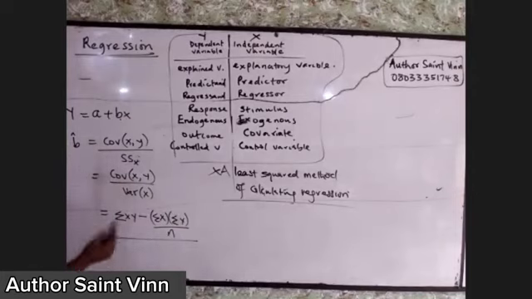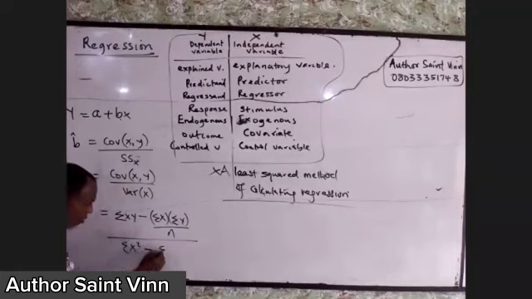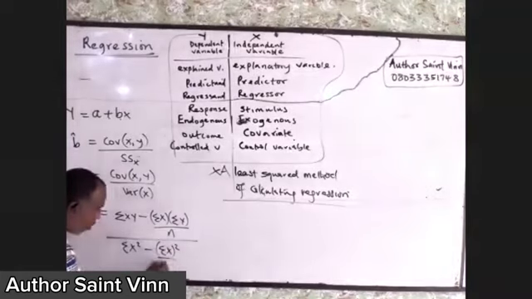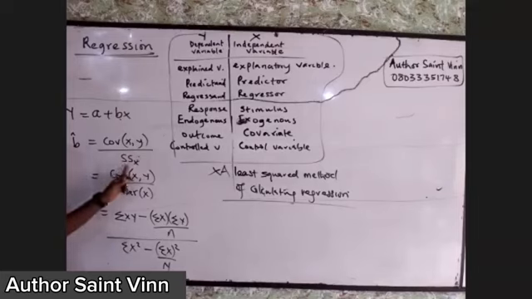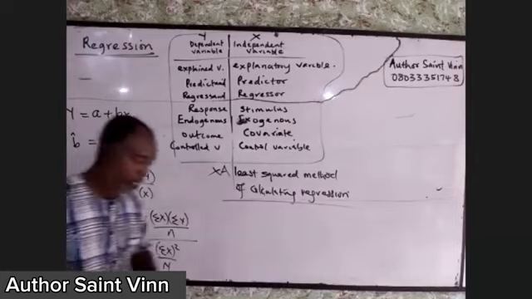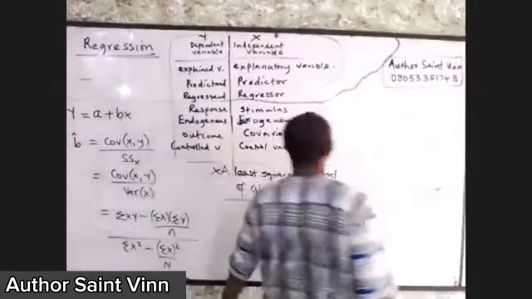The denominator is just the summation of X squared minus the summation of X all squared over N. What you have done is the sum of squares of X. It is also called sum of squares of X, SSX. So in case you see SSX, don't forget this is the sum of squares of X, the same as the variance of X. Is that okay?